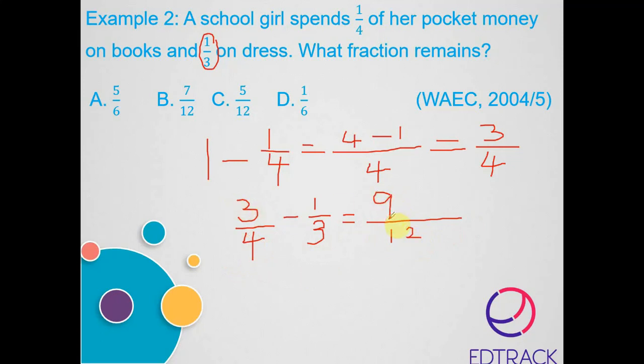I hope you are following the steps. Then 3 in 12 gives 4, and 4 times 1 gives 4. Then 9 minus 4 gives 5 over 12, which means the fraction of the money she has left is 5 over 12, and that is option C. You can see that when you solve this question gently, it is actually a simple question.